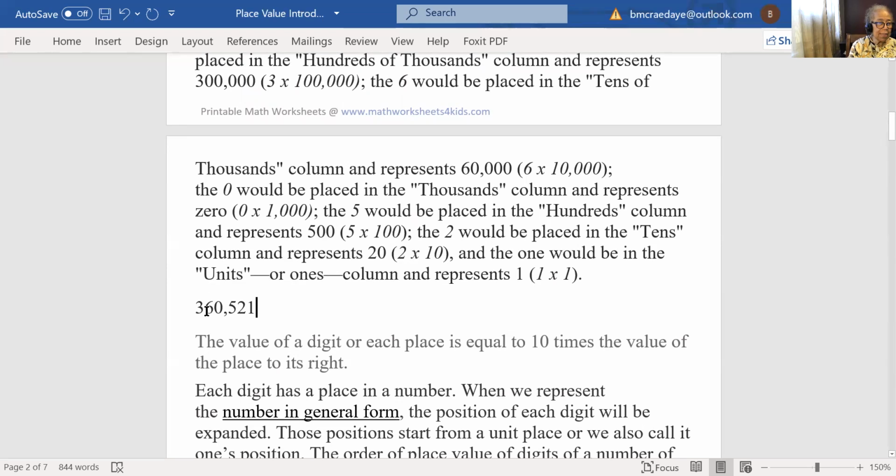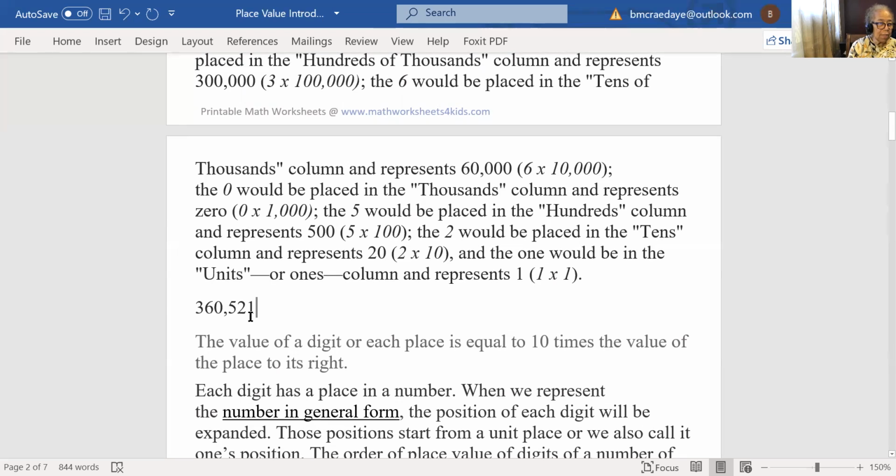So that means the 6 would be times 10,000, 60,000, which is 6 times 10,000. Then the 3 here represents hundreds of thousands. That means 3 times 100,000, which gives you 300,000.